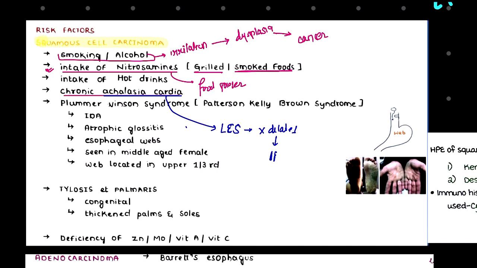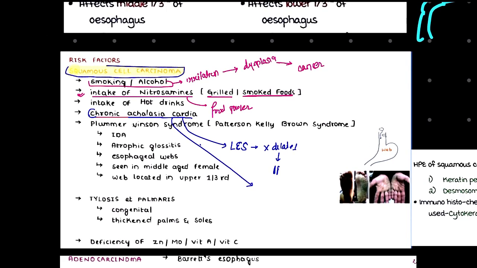So chronic achalasia cardia is also a risk factor for squamous cell carcinoma. Now, one important point I would like to mention right here: as we have already mentioned, squamous cell carcinoma affects the middle one third of the esophagus. But achalasia cardia is involved in the lower one third of the esophagus.